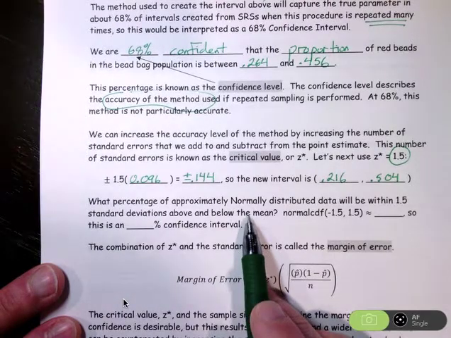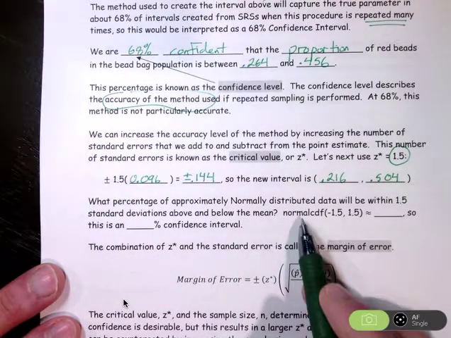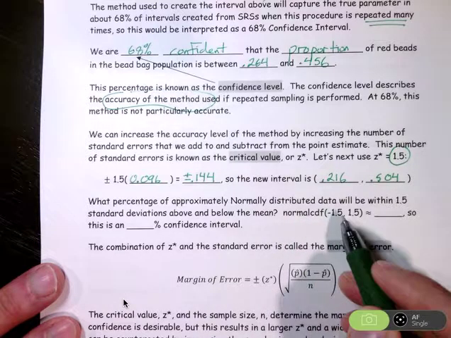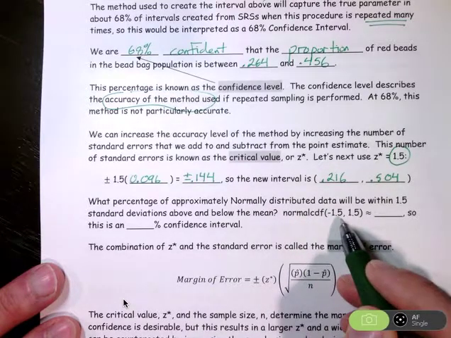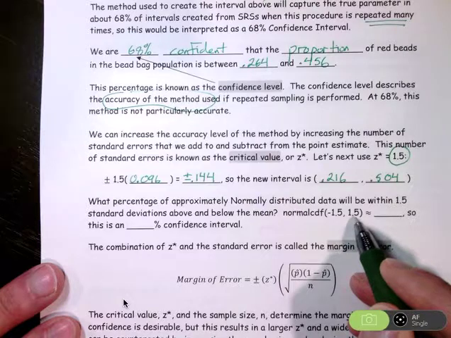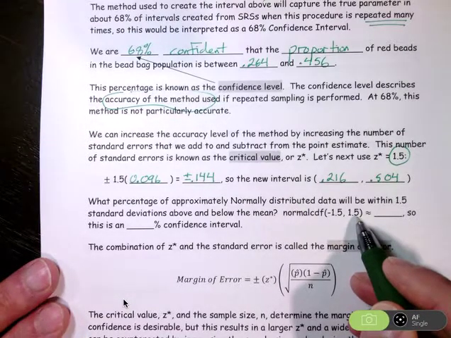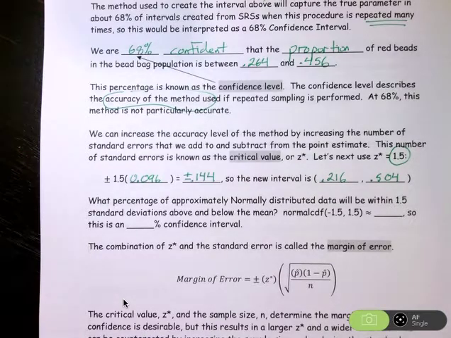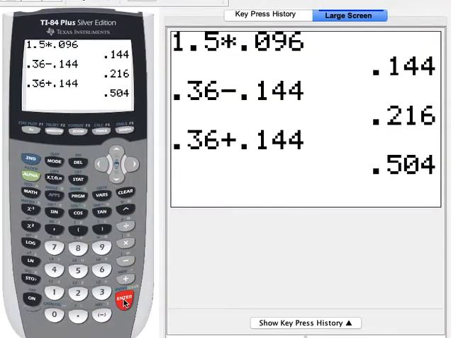This is a question that we've answered many times. We can use the normal CDF command and find the percentage of data between negative and positive 1.5. That percentage will tell me the level of confidence that we've established in this confidence interval.